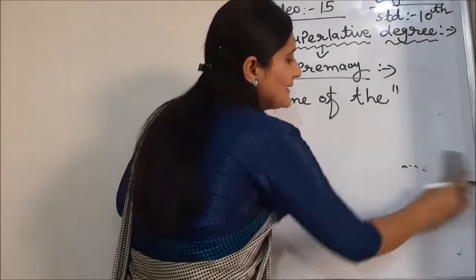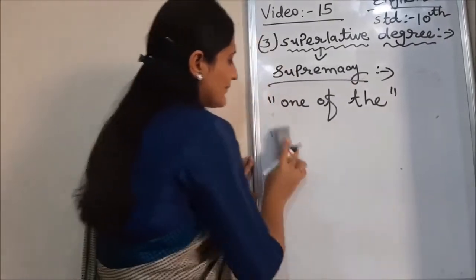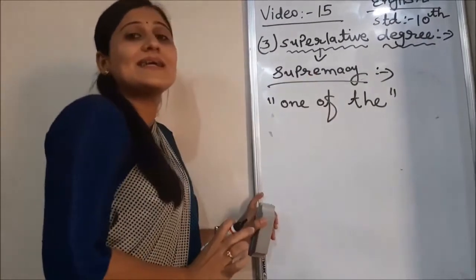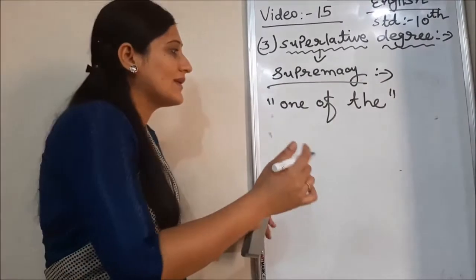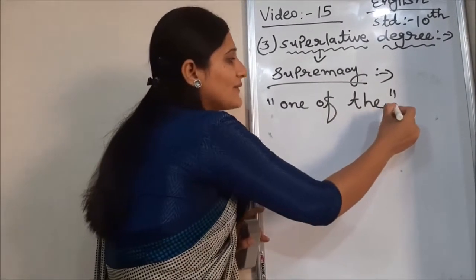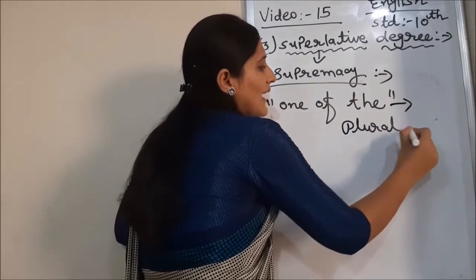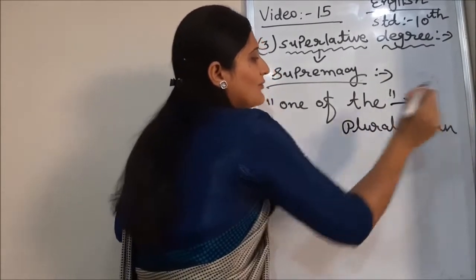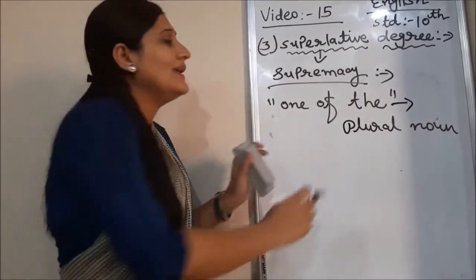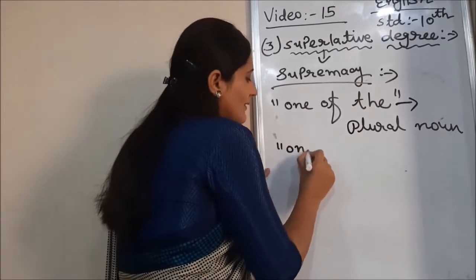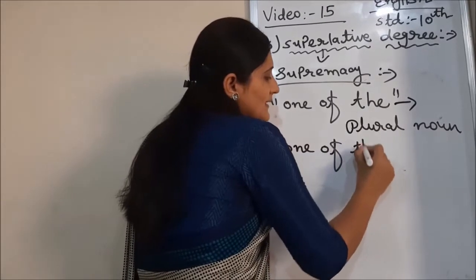One of the, it says that something is superior to someone, right? But keep in mind, after "one of the", there will be a plural noun. After "one of the", there will be a plural noun, right? For example, one of the boys.